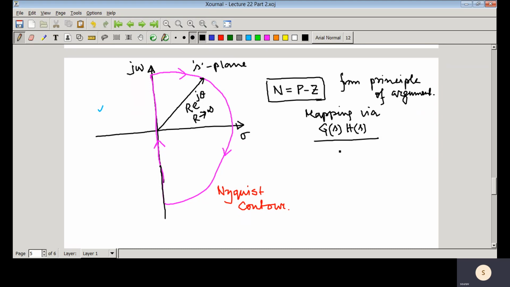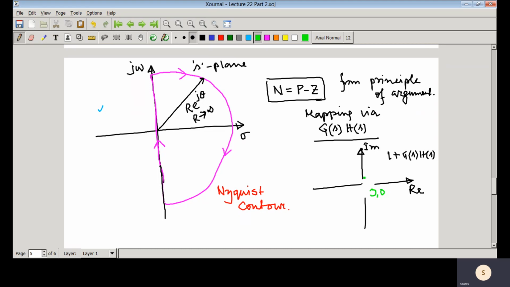If we map via 1 plus g of s h of s, then in that plane, this is the origin.